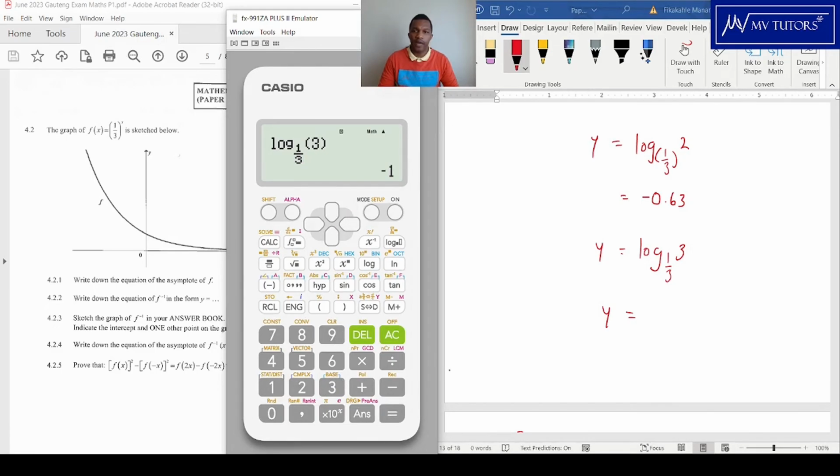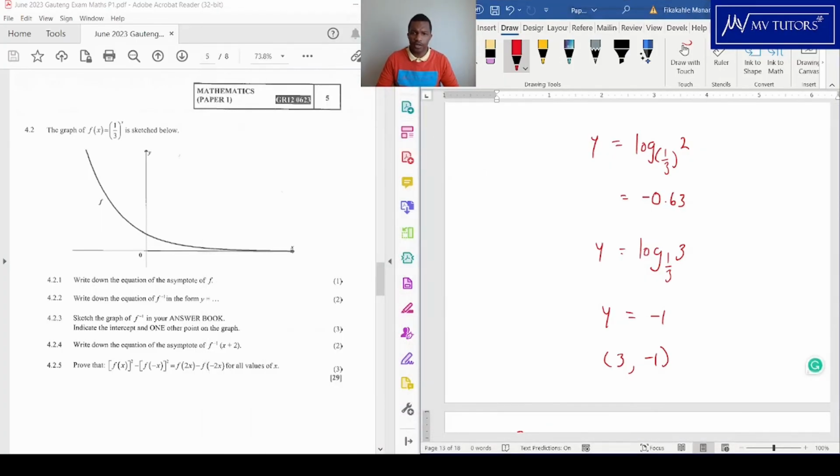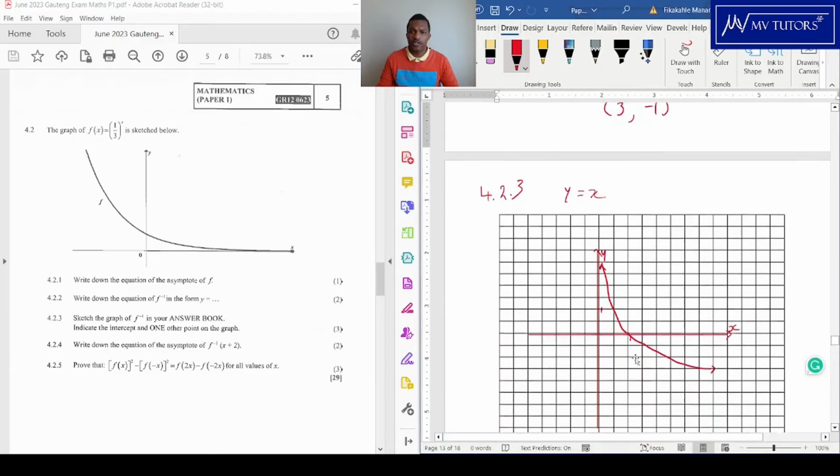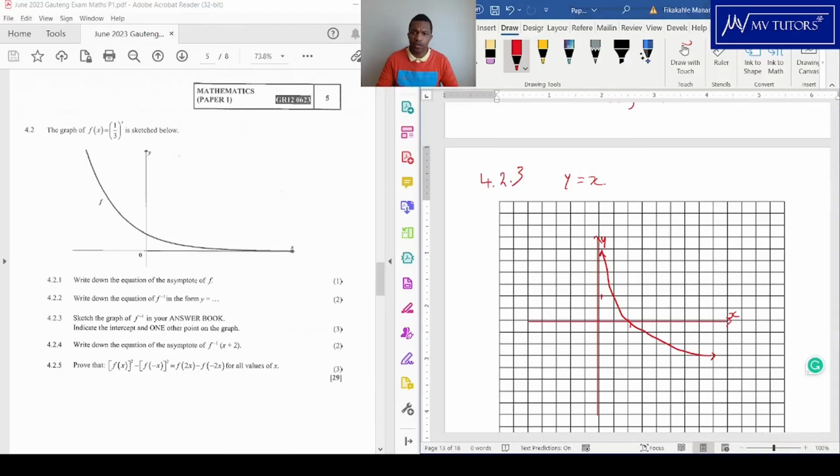What do we get? -1. Okay, so the point I want is x is 3 and y is -1. That's the point that I want to actually work with. So I'm just going to go back downstairs and name my point 3 and -1. I'm going to put it, say, maybe there.